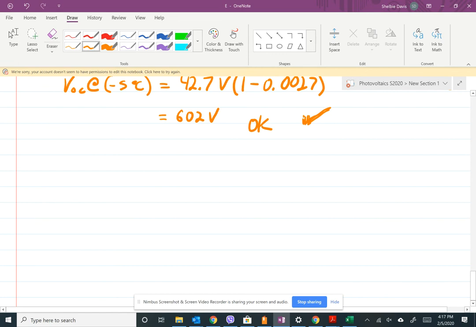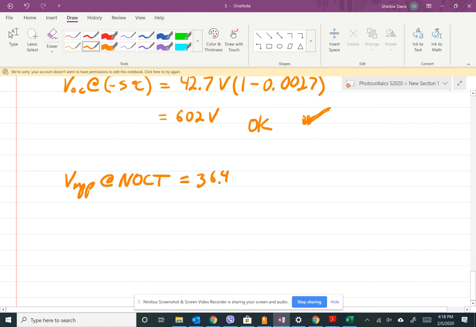We're going to set this up as a VMPP. So this is your operating voltage, not your VOC, but more of your normal operating voltage. And we're going to say at NOCT, which is a more reasonable operating condition, equals 36.4.